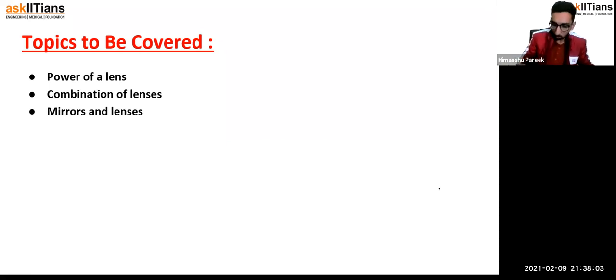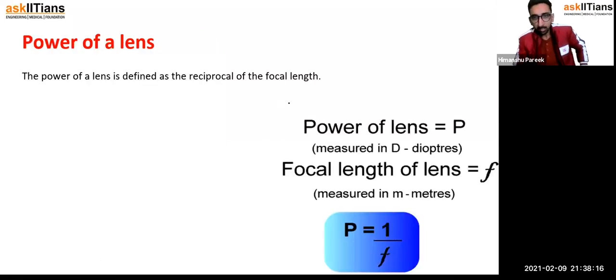So now let us begin first of all with the power of a lens. Power of a lens is defined as the reciprocal of focal length. Let us understand in a more detailed way.